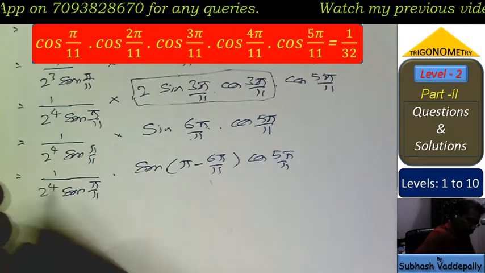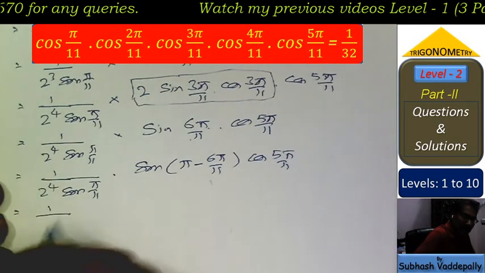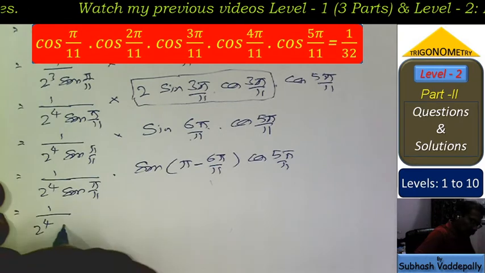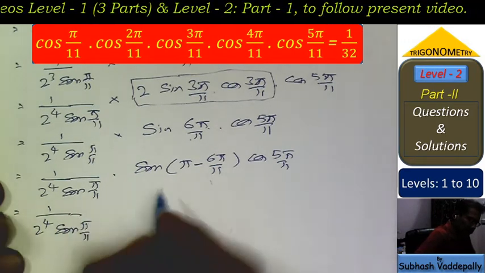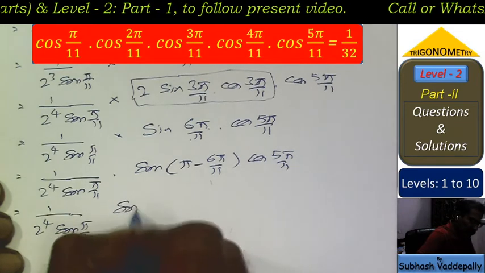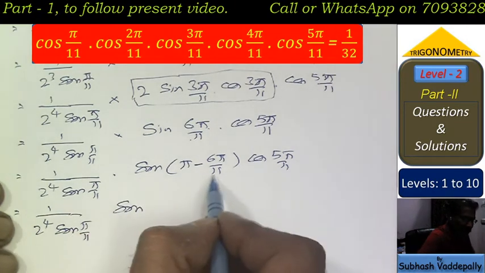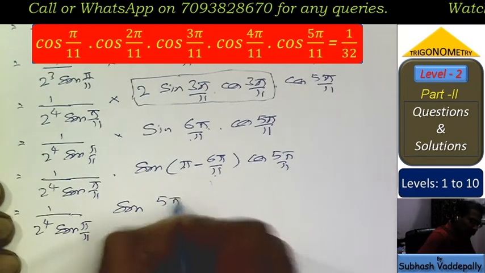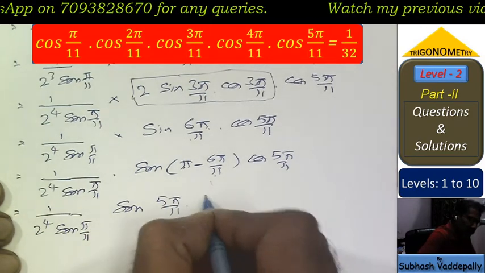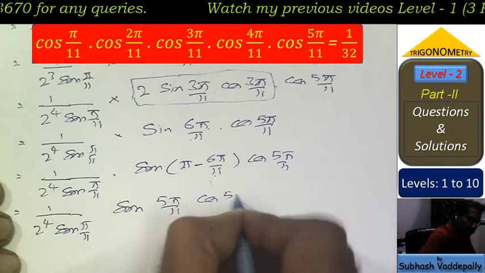Okay. This is 1 divided by 2 power 4 sine pi by 11 into sine of, if I simplify this, what do I get? 11 pi minus 6 pi, it is 5 pi by 11 into cos pi by 11.